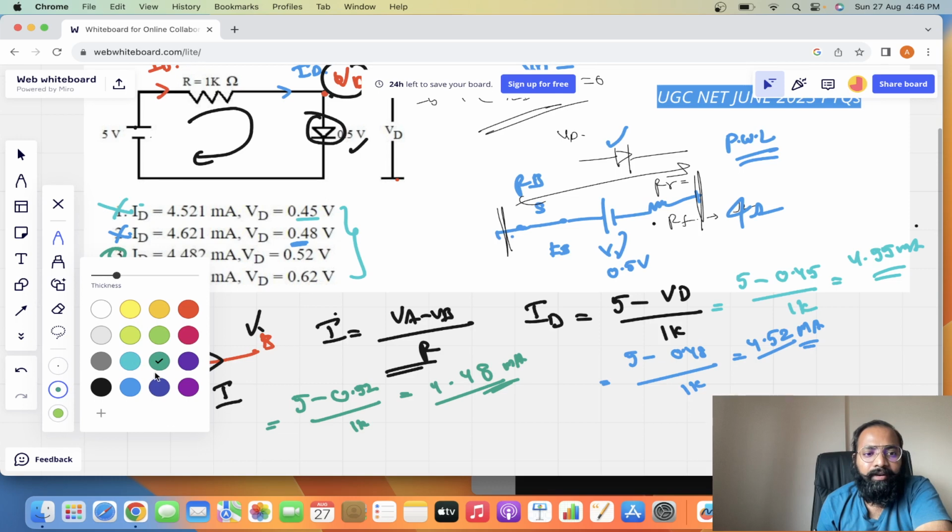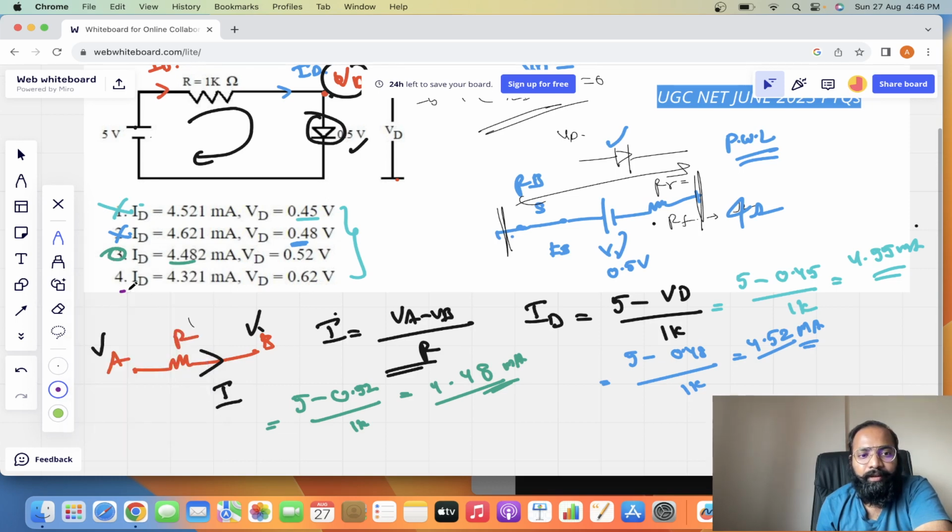Okay. Now let's check the final option, that is the fourth option. In the fourth option, what is it having? VD is 0.62. So (5 minus 0.62) divided by 1K. 5 minus 0.62 means how much we will get? 4.38 milliamperes.